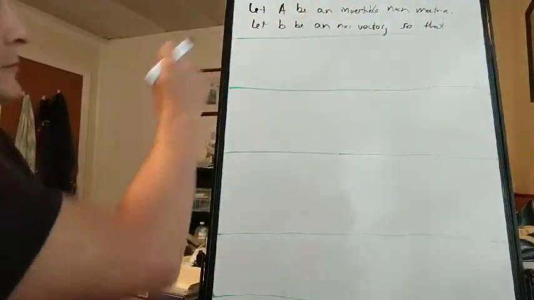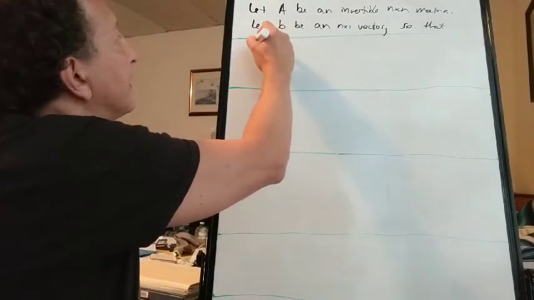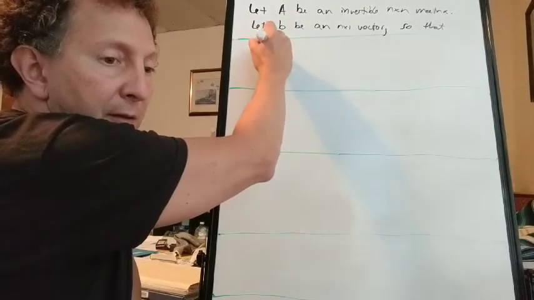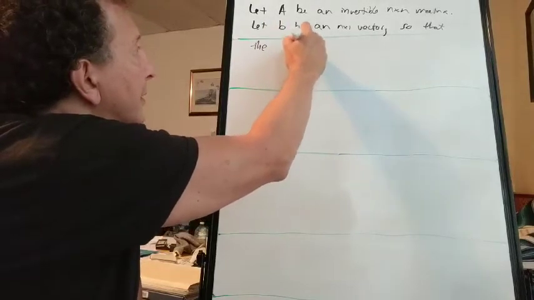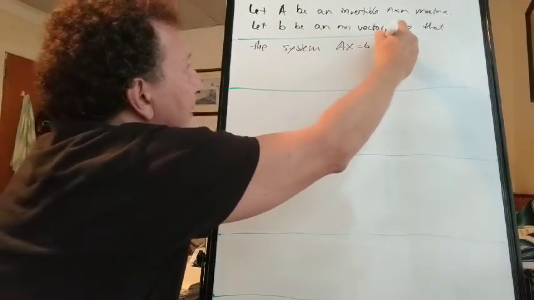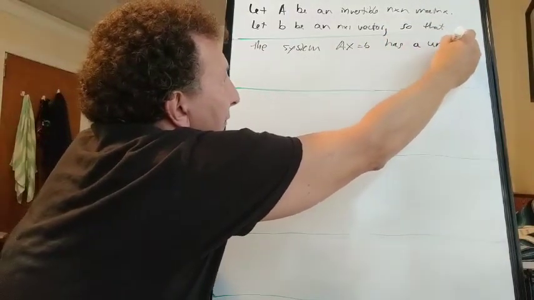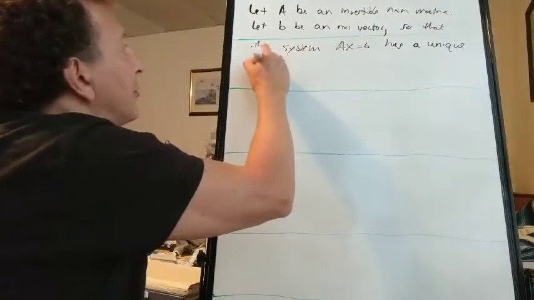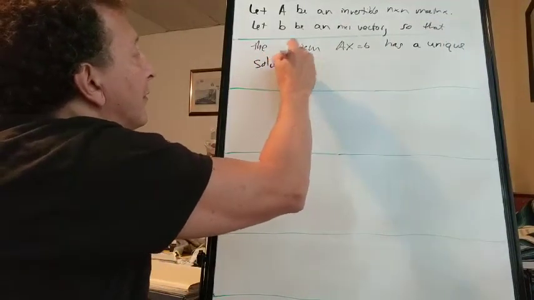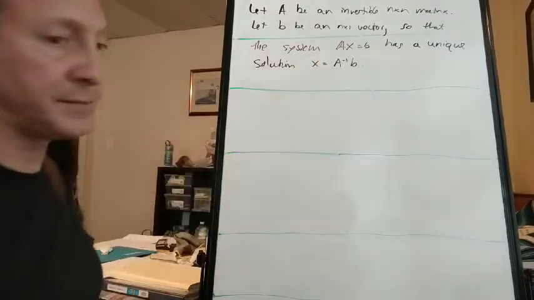And then with these sizes, we can see that the system AX equals B has a unique solution, X equals A inverse B.